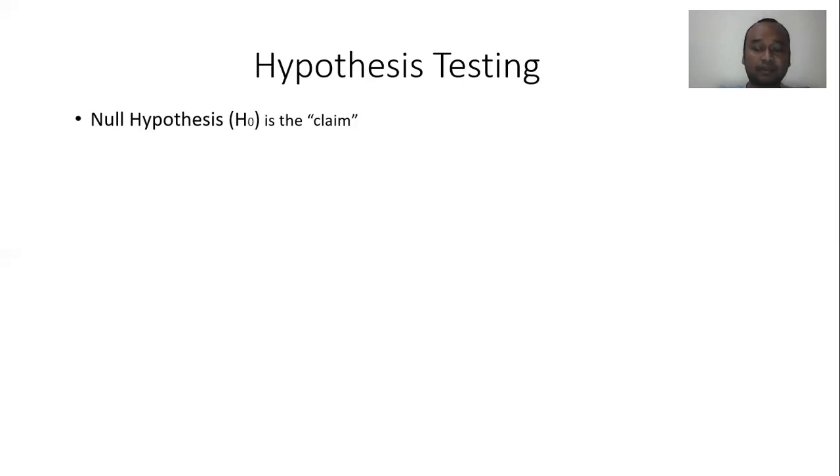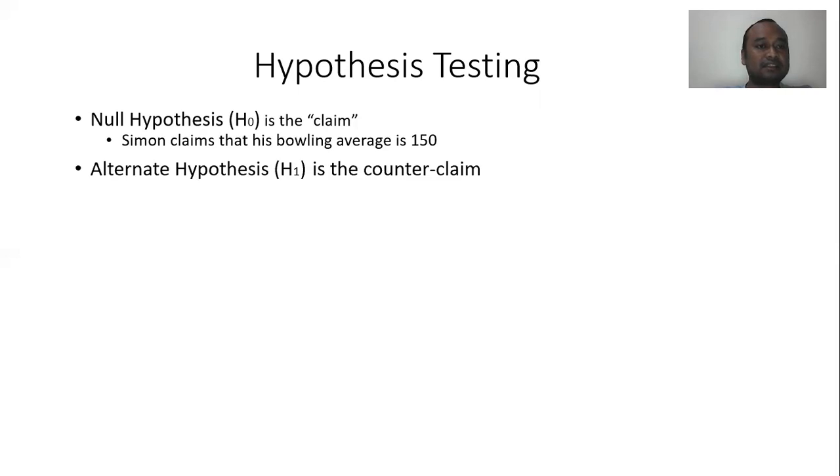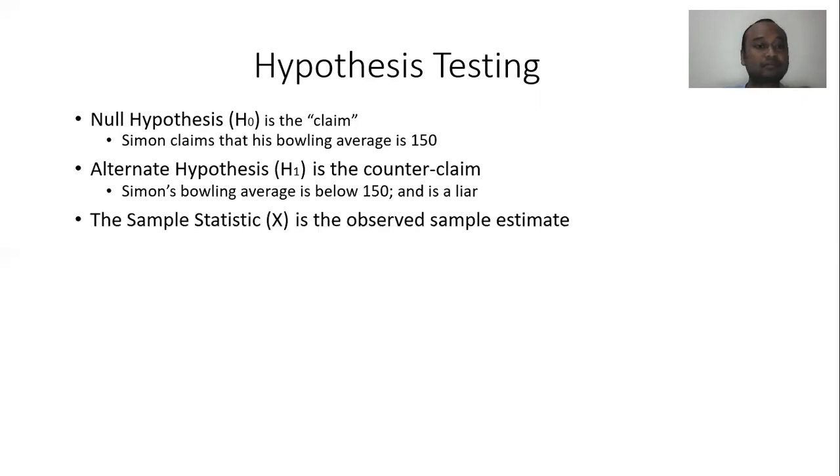It is the claim. For example, Simon claims that his bowling average is 150. The second step is the alternative hypothesis. It is denoted by H1. Here is the counterclaim. For example, Simon's bowling average is below 150 and Simon is a liar.